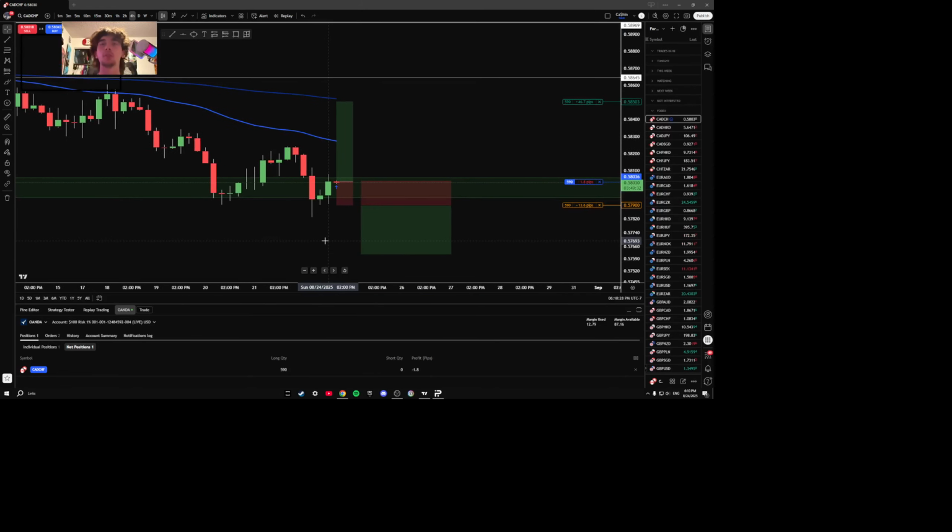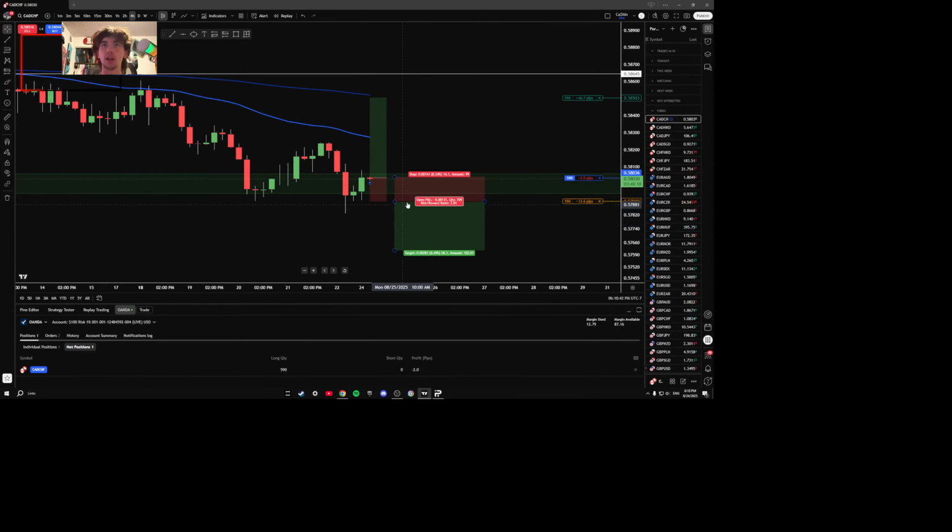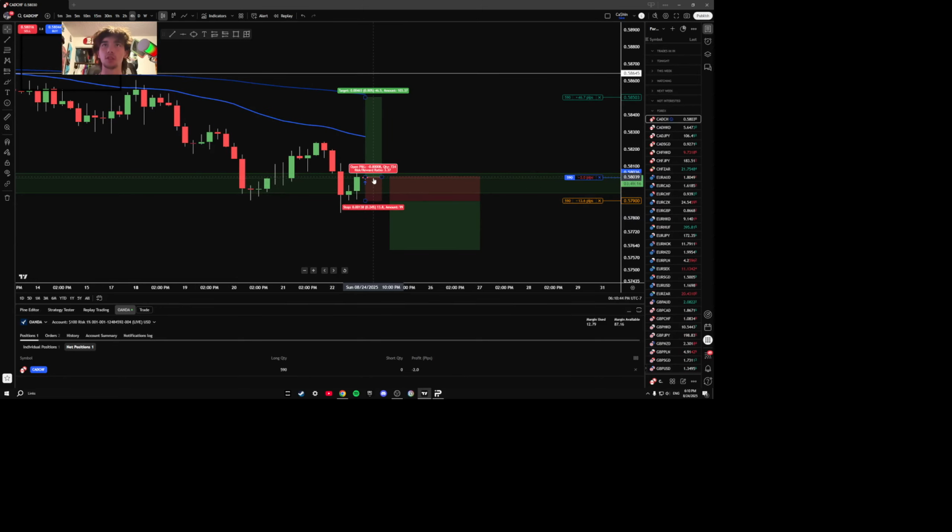If it goes straight to my stop loss, like during London session tonight, I'm probably gonna have this limit order placed. So it's gonna hit my stop loss, enter this order, and my stop loss will be the new entry. It's gonna activate, and then we're gonna catch the 1 to 2, or it's gonna stop me out again. It's gonna keep ranging.